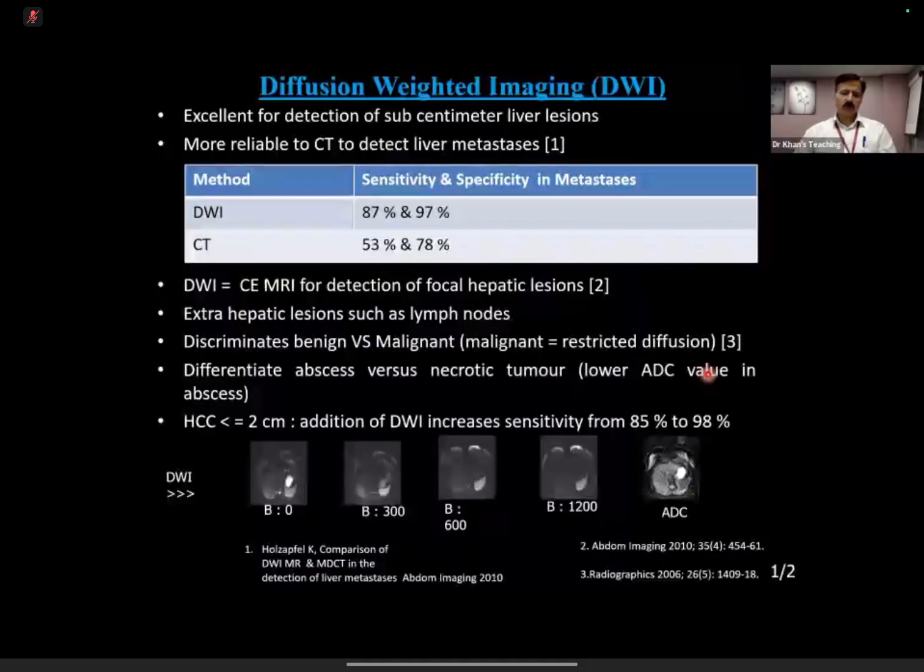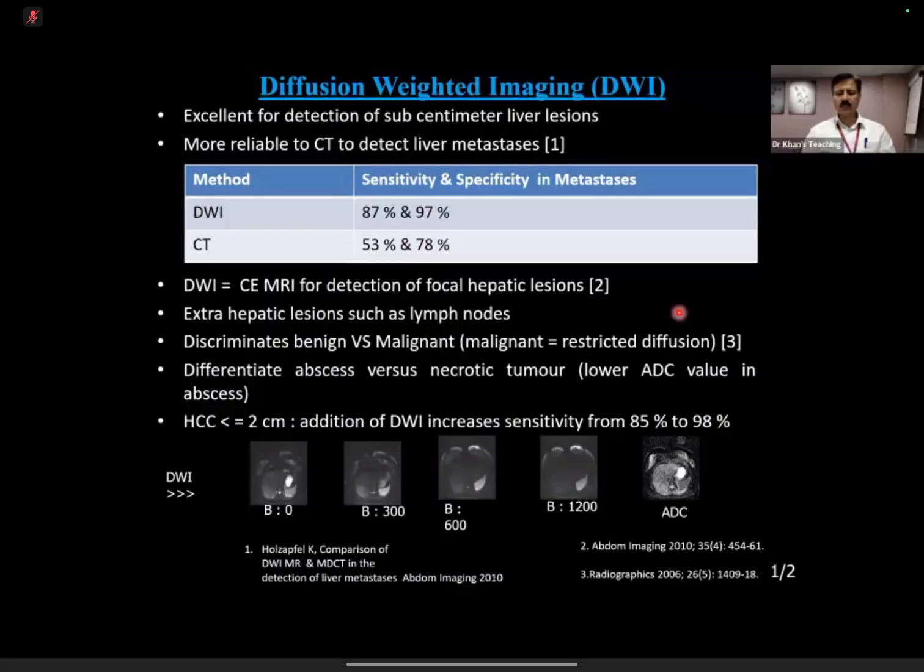Now, a few things which I want to tell you, but I'll just go quickly. The slides, you can maybe take screenshots or pictures, whatever is there, and read the references which I have told you. But basically, diffusion weighted sequence is considered a very sensitive sequence to pick up metastasis, and there is a lot of literature on this.